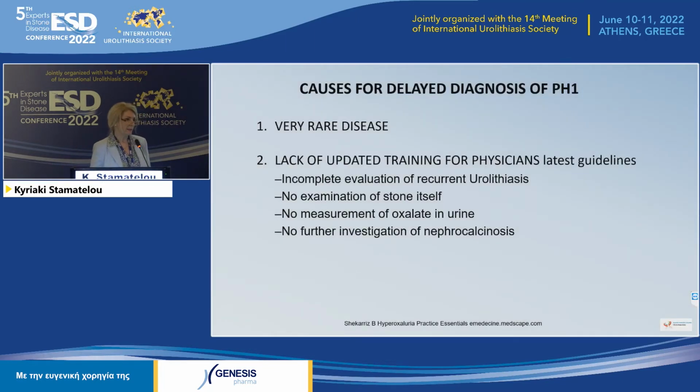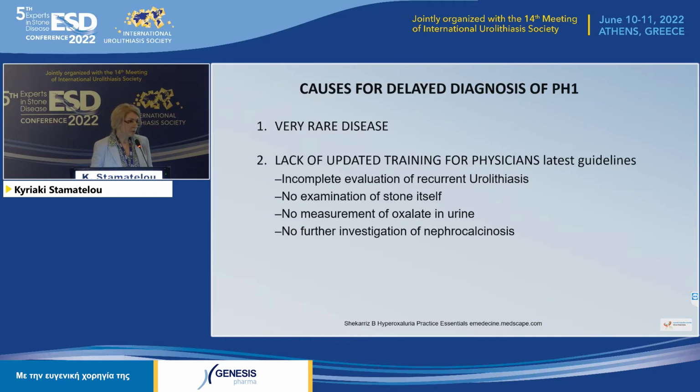Why is this happening? Of course, because it is a very rare disease, not just rare, a very rare disease. And also because we lack updated training. We, nephrologists, urologists, all the physicians, we are not aware of the latest guidelines.